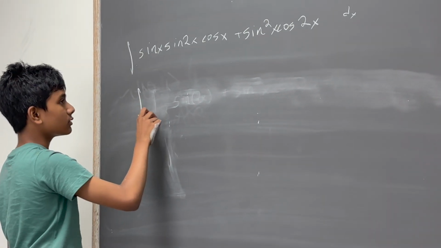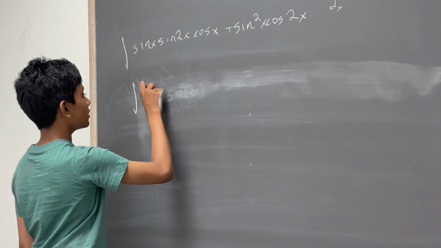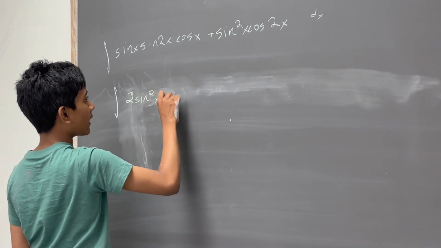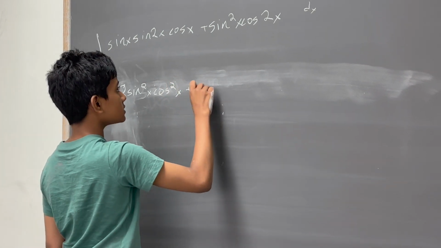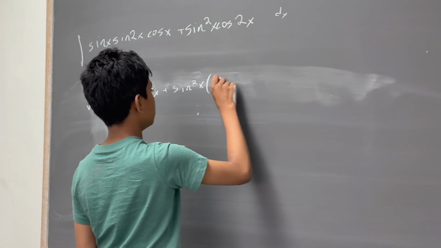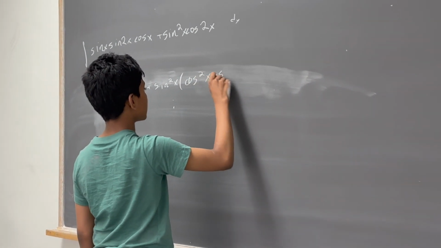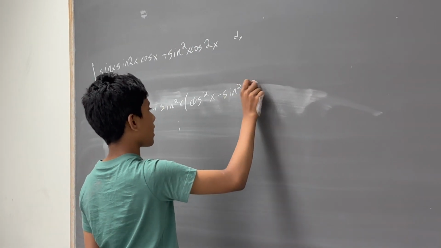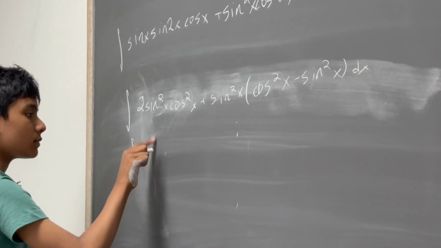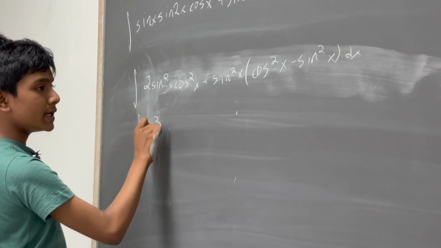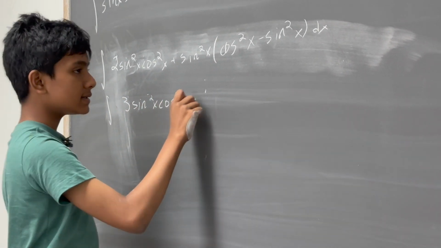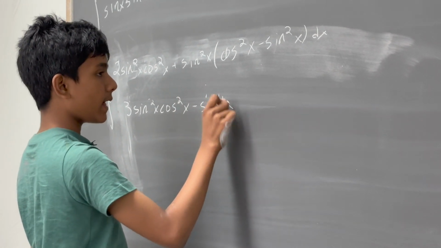So, this is just going to be 2 sine squared x cos squared x plus sine squared x times cos squared x minus sine squared x. So then we get 3 sine squared x cos squared x minus sine to the 4th x dx.